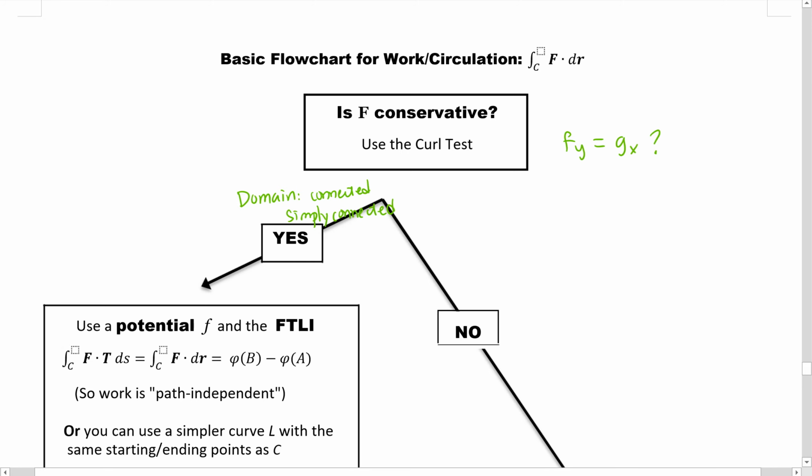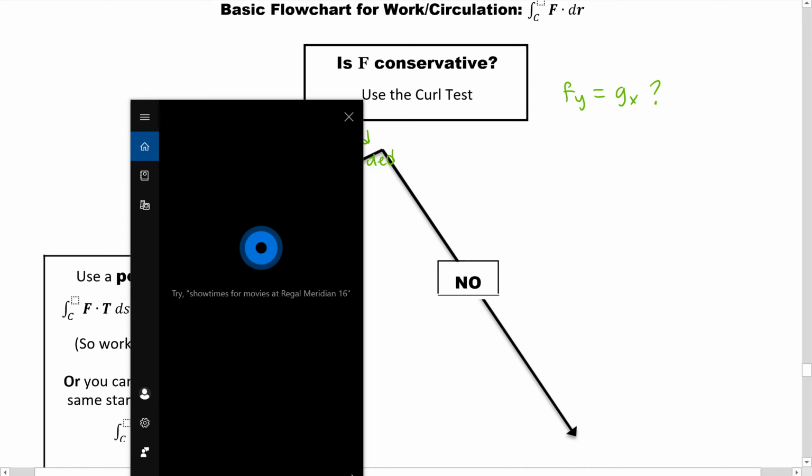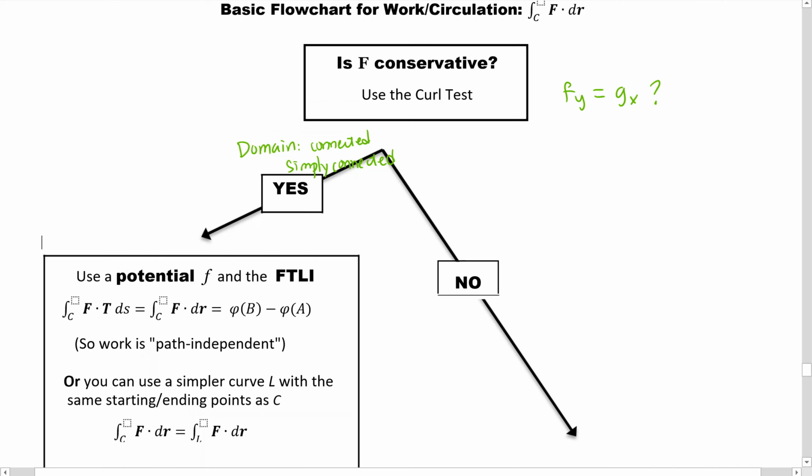Okay? So if it is a conservative vector field, then we can find a potential function. Okay, and then we can use the fundamental theorem of line integrals. So the work done equals the potential function evaluated at B, subtract the potential function evaluated at A. So B is the terminal point and A is the initial point.